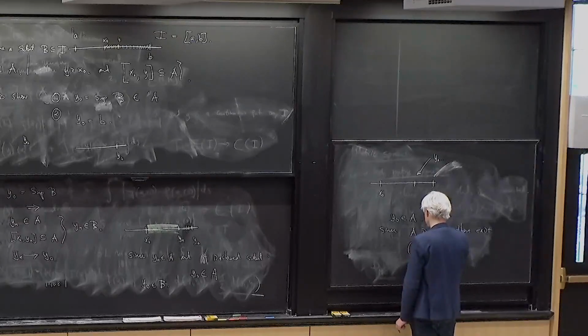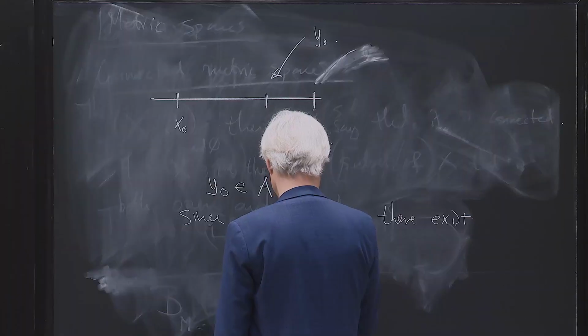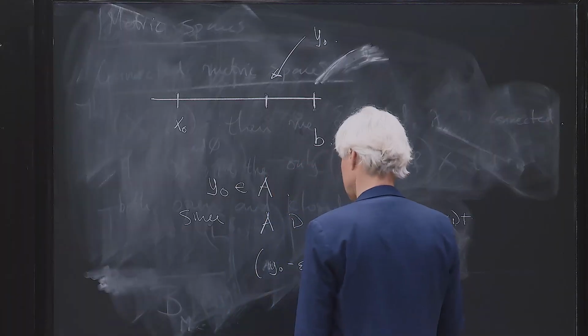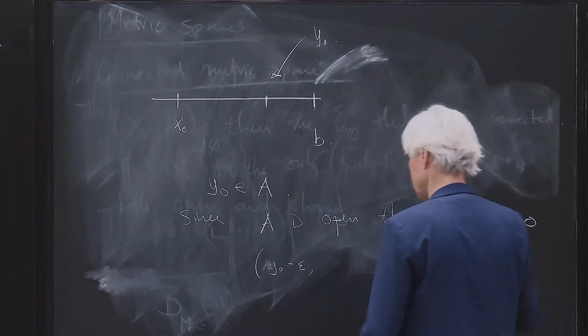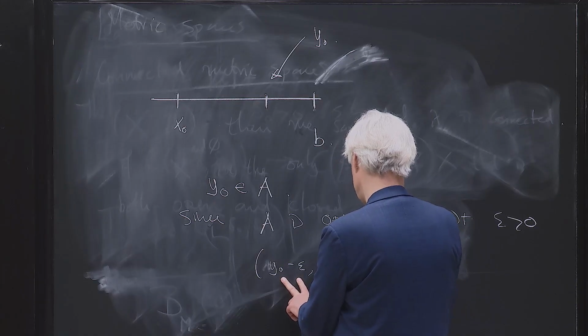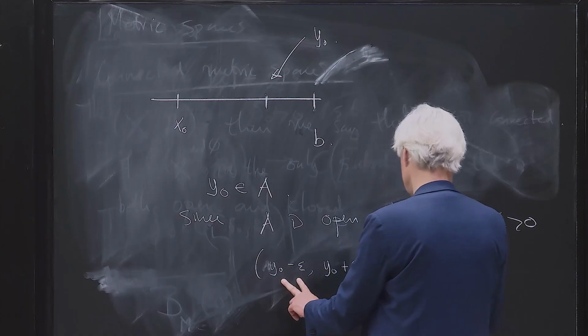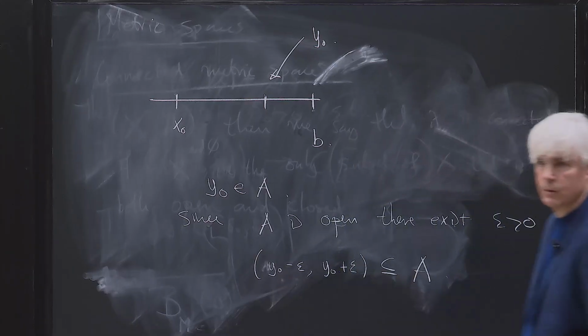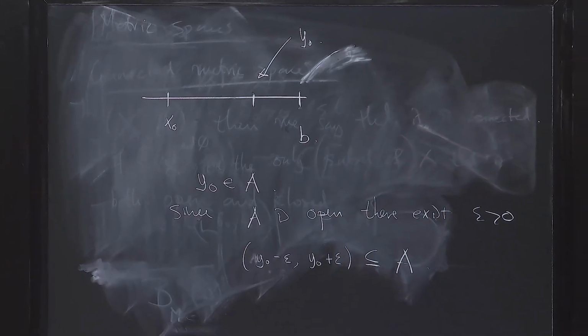If you take y0 and subtract this epsilon, there exists some epsilon greater than 0 so that this tiny little interval centered at y0 is contained in A. This is just because A was open.